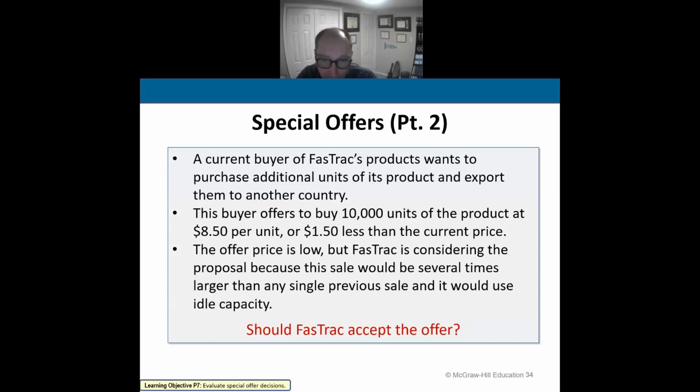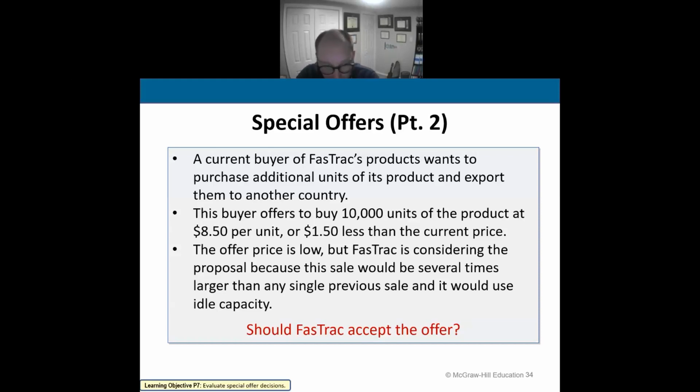A buyer's offering to buy an additional 10,000 units of product, $8.50 per unit, or $1.50 less than the current price. So in other words, they want to buy in bulk, right? So we'll offer them a lower sales price.